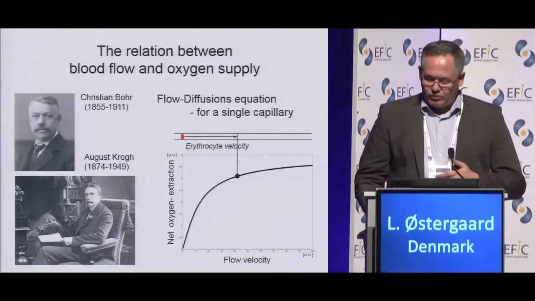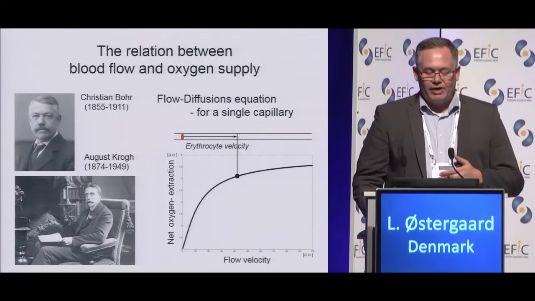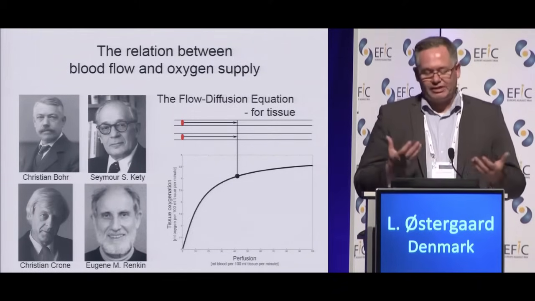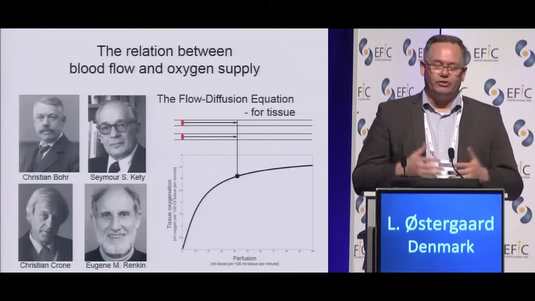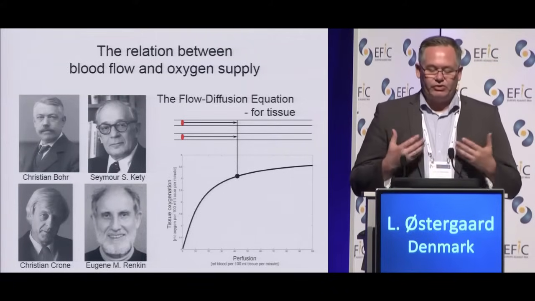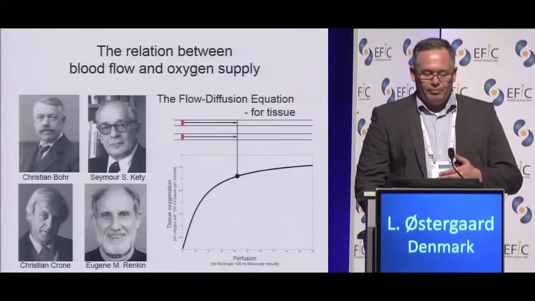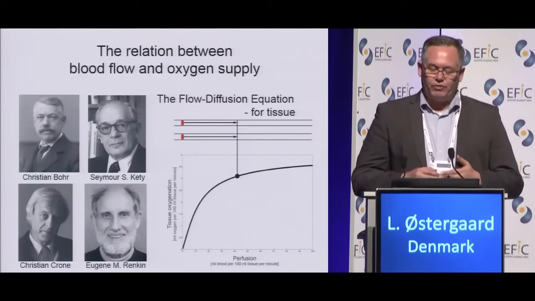What later happened was that someone needed to develop this into a formula for tissue. So we could find out, for instance, in a nerve, how much blood flow it requires to have a given oxygenation or a given metabolism in the nerve ending. And for that purpose, these gentlemen generalized the equation or the curve you saw just before.